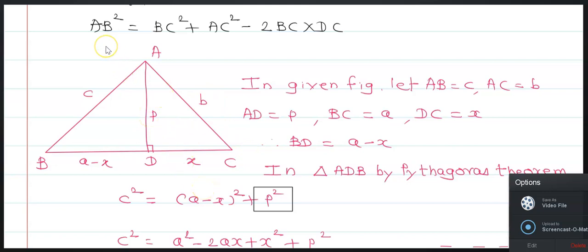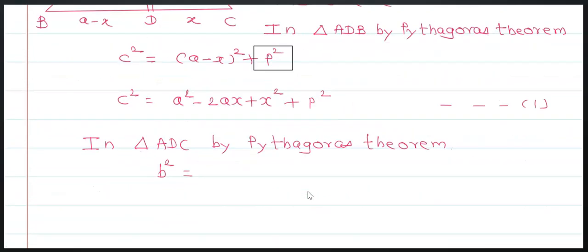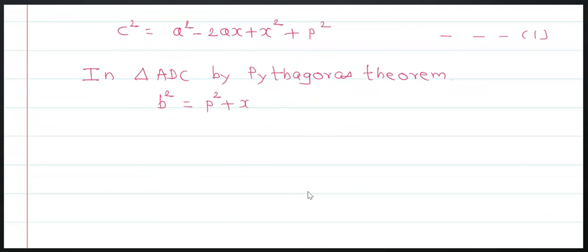Now whatever we want to prove, that is AB square equal to BC square plus AC square minus 2BC into DC, has no mention of AD, and that's why we will try to eliminate it.